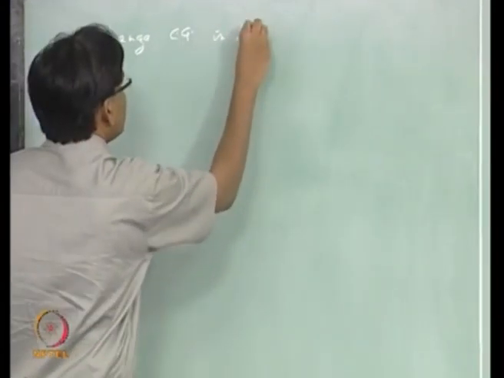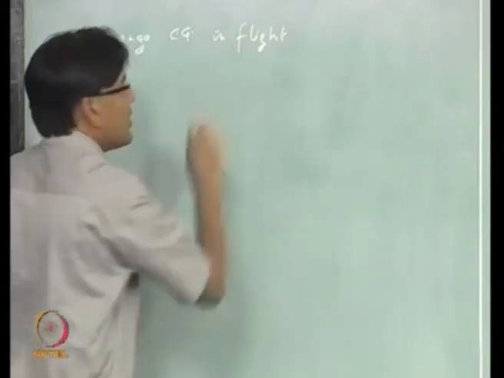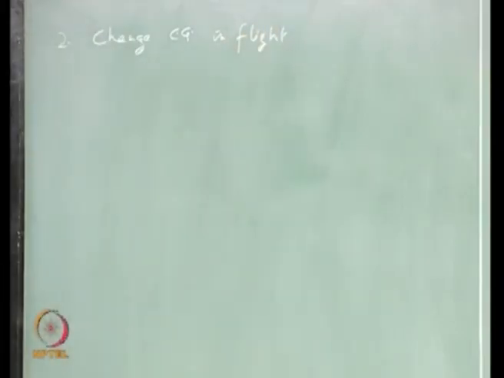And this you have to do in flight, because we are trying to change the trim condition in flight. But that is going to have an effect on the stability characteristic, both of them actually. Would you want to do that?